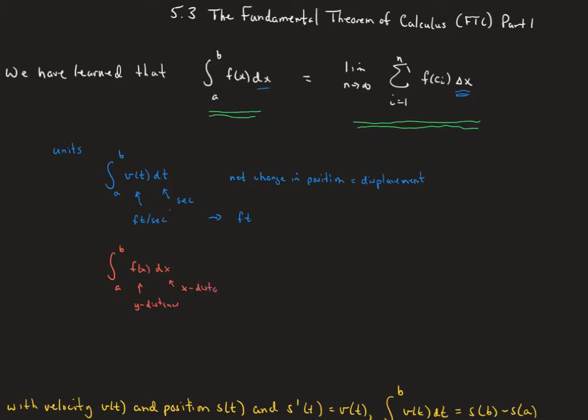Suppose they were each measured in centimeters. A centimeter times a centimeter is going to be something measured in square centimeters, which would mean that what we're finding here is indeed an area. Sometimes that can be useful in the context of word problems or applications.